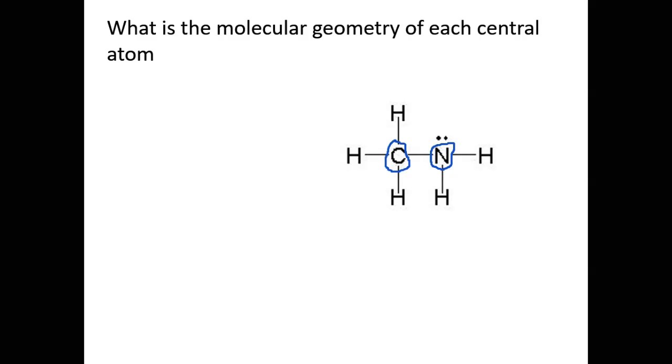So first we're going to look at carbon separately. Carbon has 1, 2, 3, 4 bonding pairs, which means it's tetrahedral geometry.